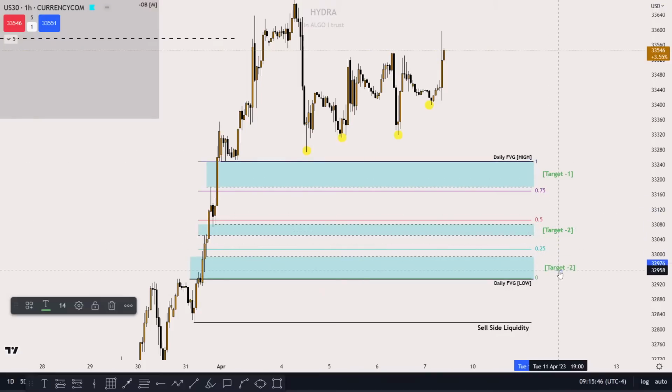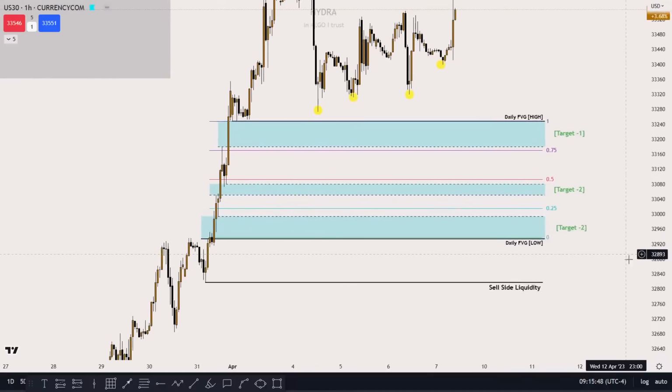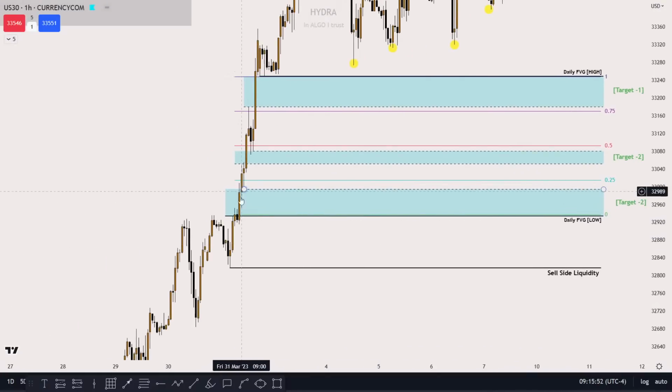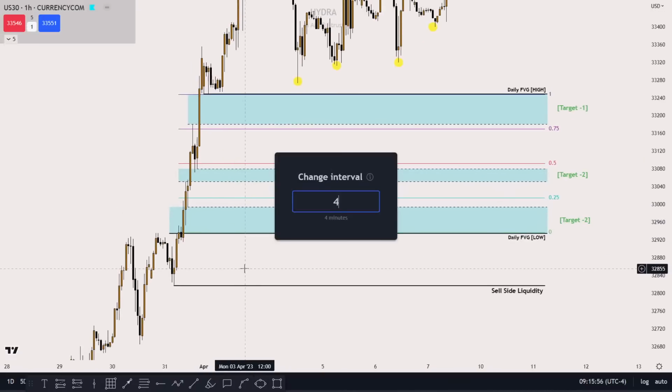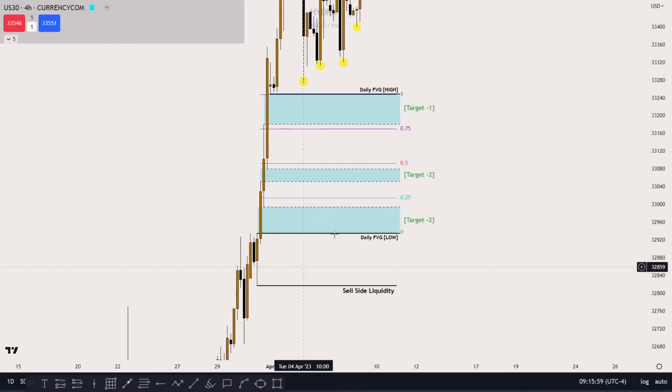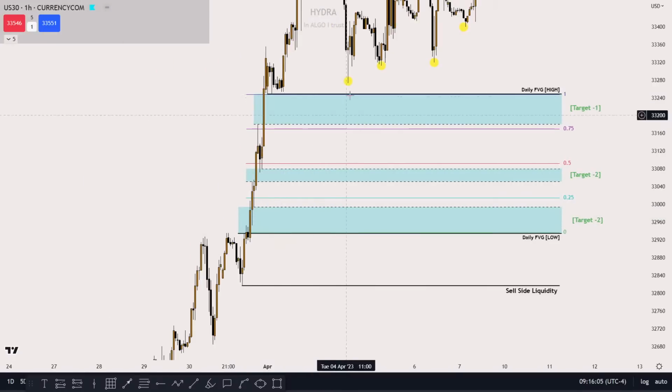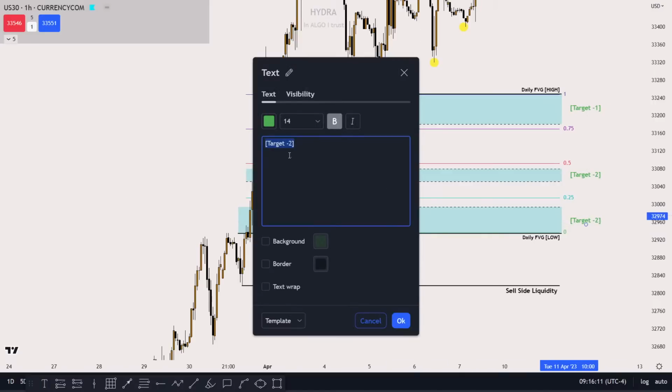So our low probability target is going to be this fair value gap, right? Why? Because do you see a fair value gap here on our hourly chart? We have a fair value gap on 4-hour chart. If I take you on 4-hour chart, that's a fair value gap, right? But if you come down onto the 60-minute chart, we can only see fair value gap right here on our target 1, target 2, but on 60-minute chart, there's no fair value gap on target 3.